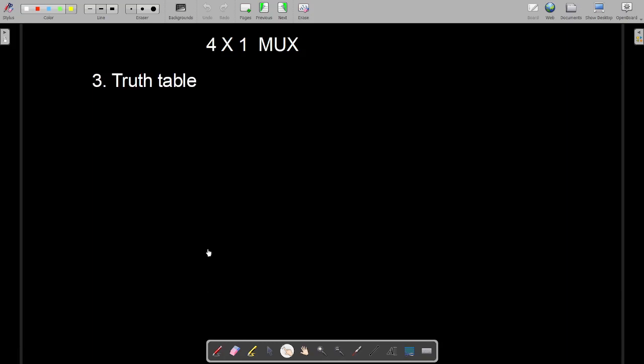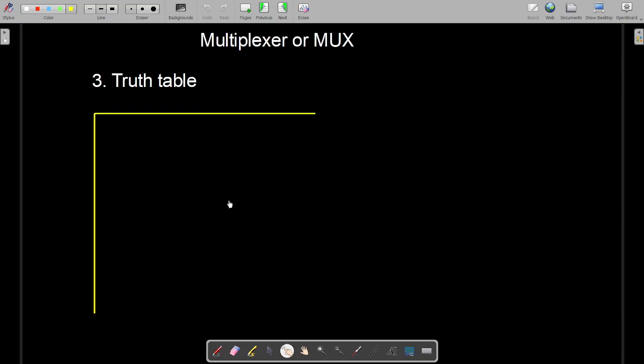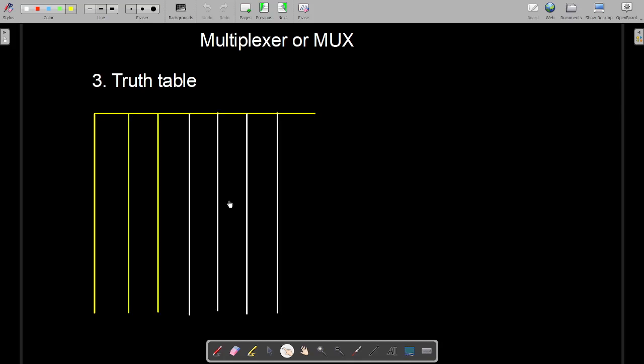Based on the block diagram, we frame the truth table. It consists of 6 input columns. Column number 1, 2, 3, 4, 5, 6 and finally one output column. We start naming the inputs as S1, S0 for the selection lines.